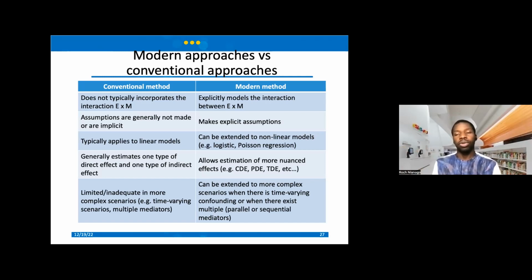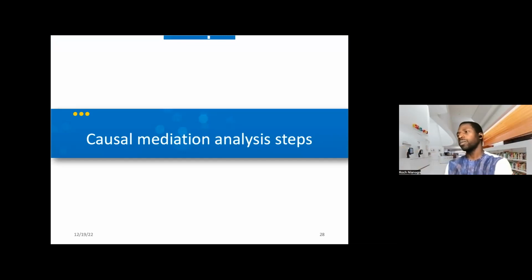Then it becomes a problem. You don't know if you need to treat it as a mediator or as a confounder. But modern approaches allow you to treat it both ways, at different stages, right? So that's actually another advantage of the modern approaches. All right.